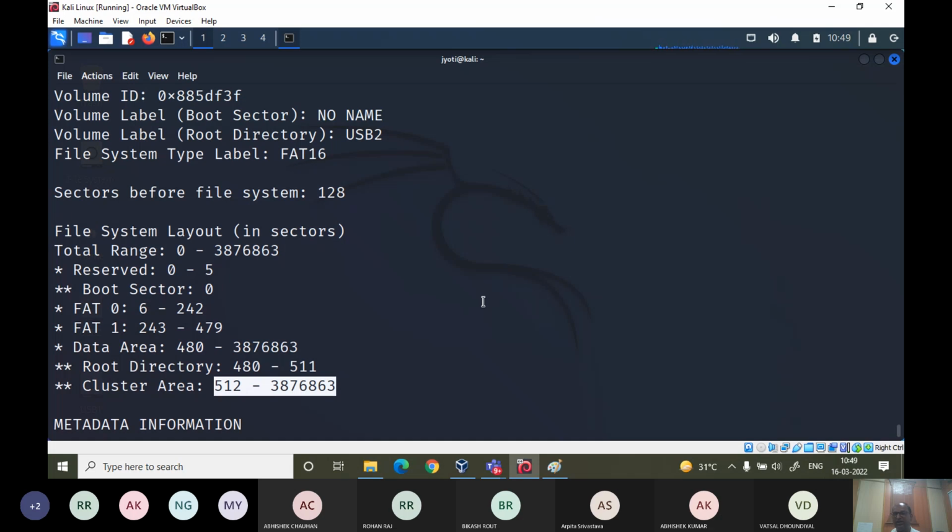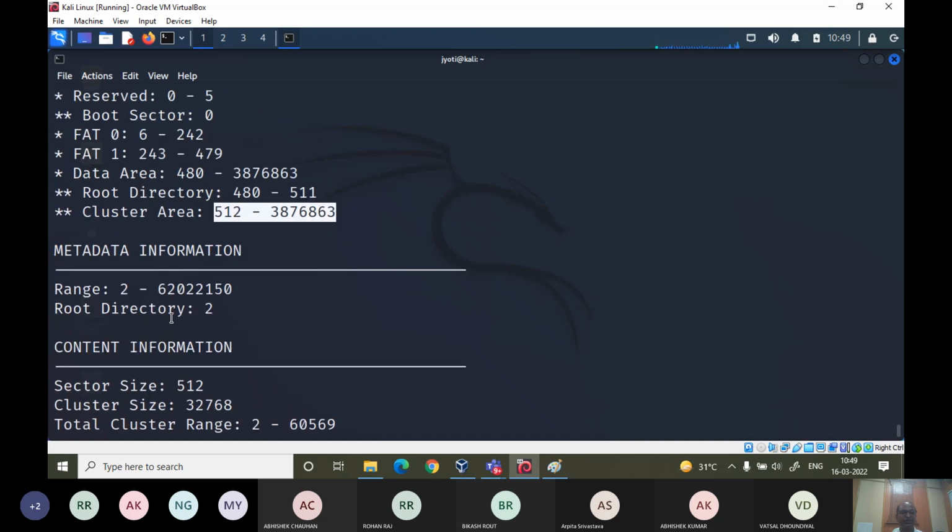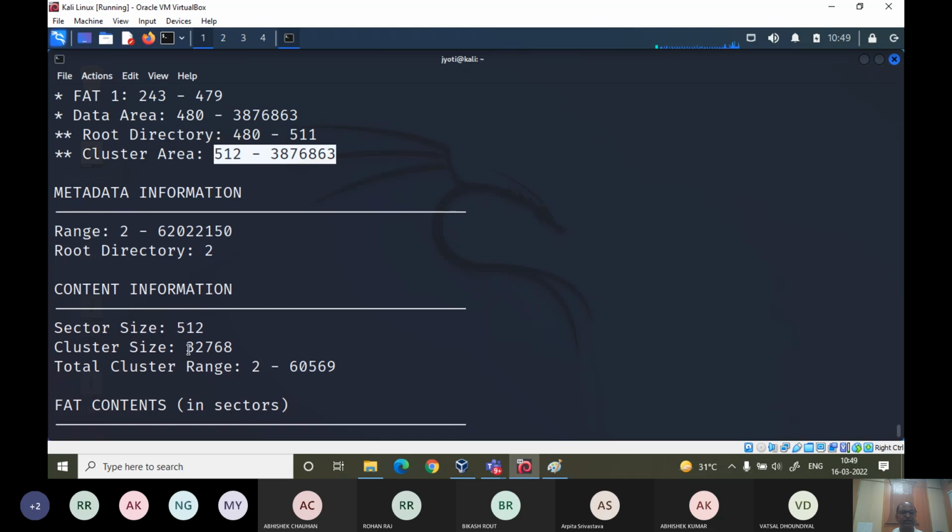And one cluster may contain several sectors. So your cluster area starts from this. You can see here the cluster information. One cluster is of size this much.